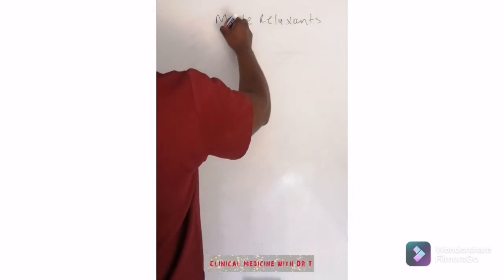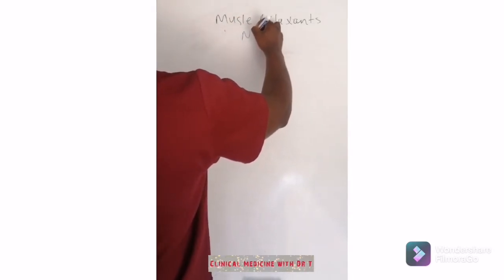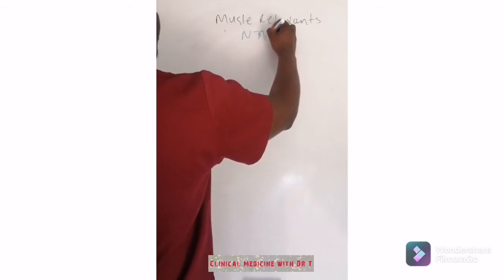Indications for muscle relaxants, we are going to talk about them. Why would you want to relax someone's muscles? We are going to talk about those. But let's just talk now about the neuromuscular junction.